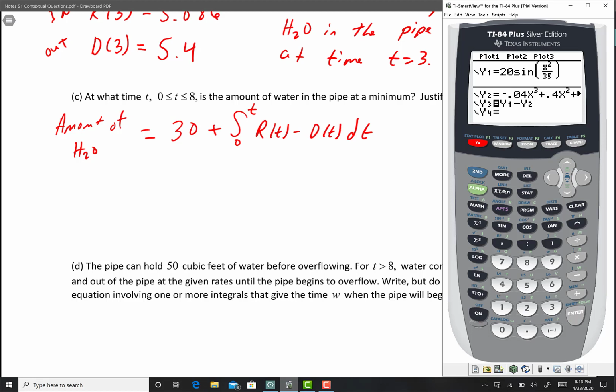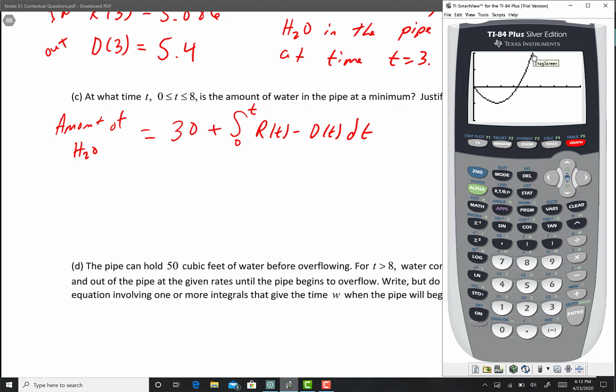I'm going to go -2 to 2. We only have one critical number. Notice it is changing from negative to positive. So that must be a minimum. So at 0, that's a local max, I guess. And then at 8, it looks like that's a max.